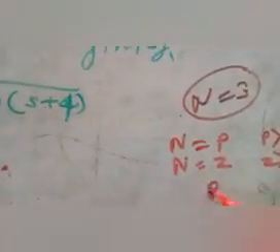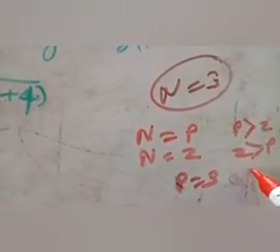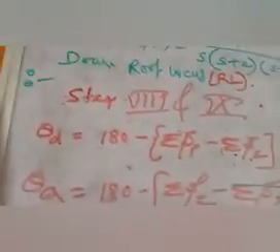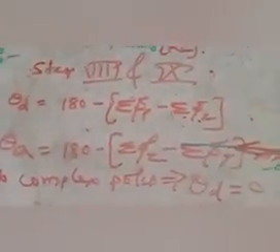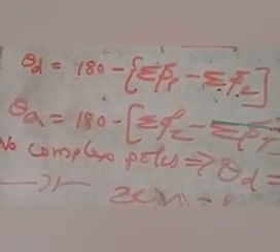So here P is equal to 3 and Z is equal to 0, so number of branch is equal to 3. This is the step for determining the number of branch.